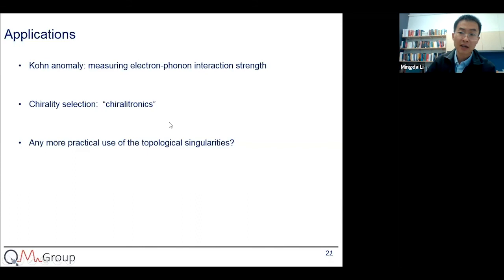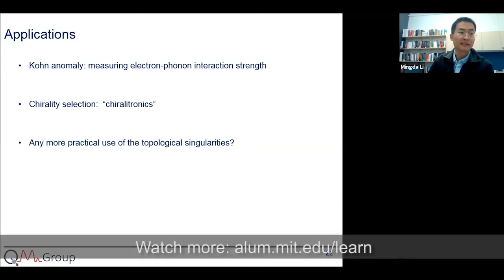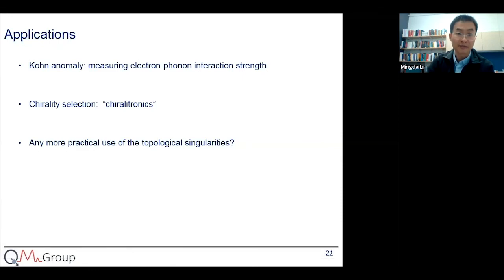Because in the current context only chirality-conserved scattering is possible, there is some chirality-dependent electrical transport there. But still, overall, this example is more fundamental. There are more practical uses utilizing these singularities. So that's actually our main topic for today, and has kept us very excited in the past few months.